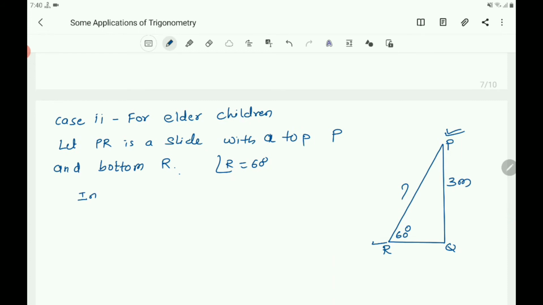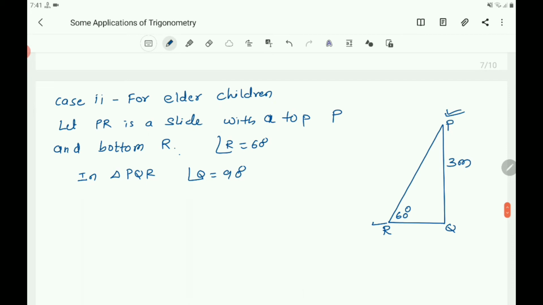In triangle PQR, angle Q equals 90 degree. So PR is the hypotenuse.